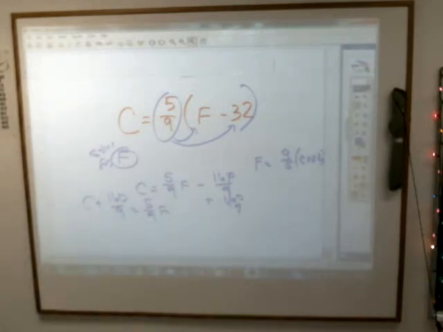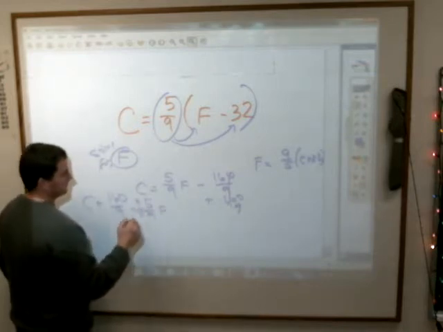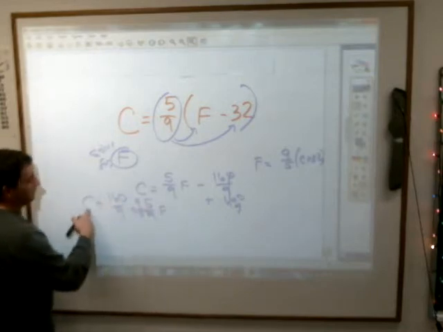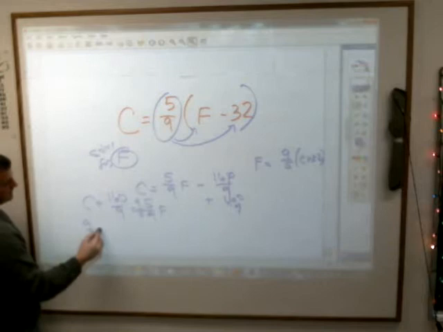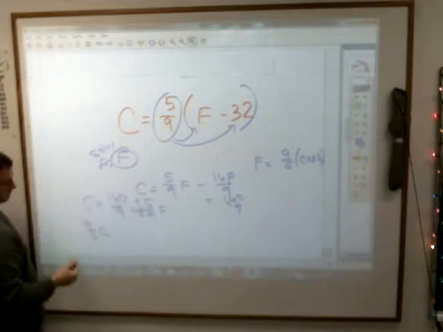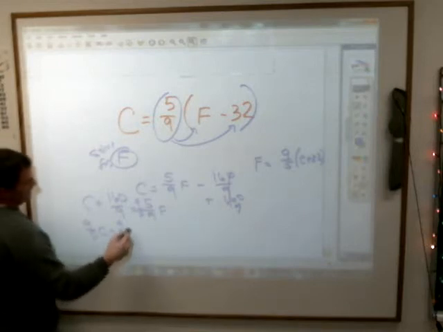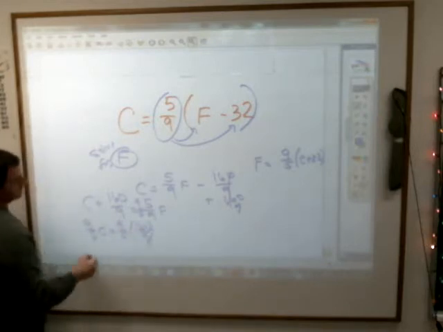Now, how do I get rid of the 5/9 in front of the letter F? You multiply it by 9/5. Okay? So now I have to multiply both of these by 9/5. So 9/5 times C plus 9/5 times 160 over 9.